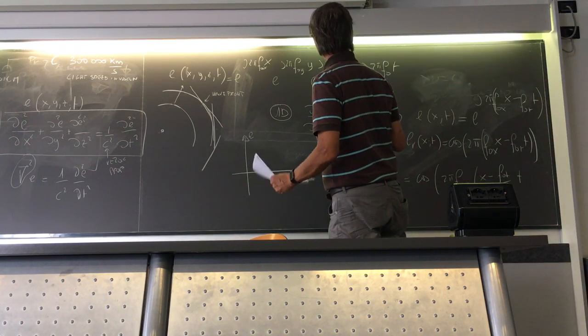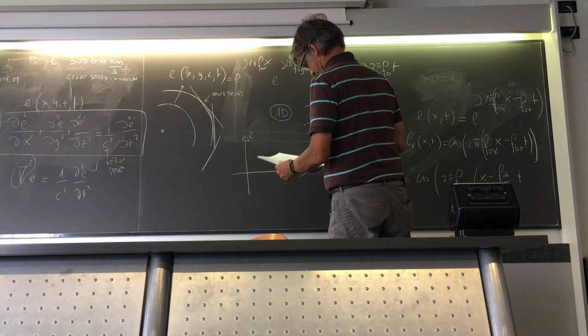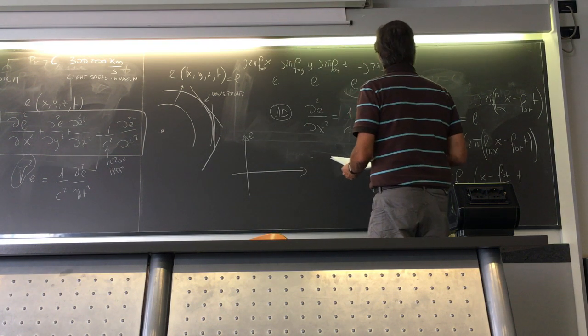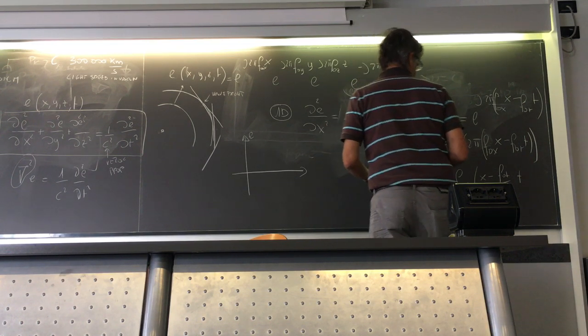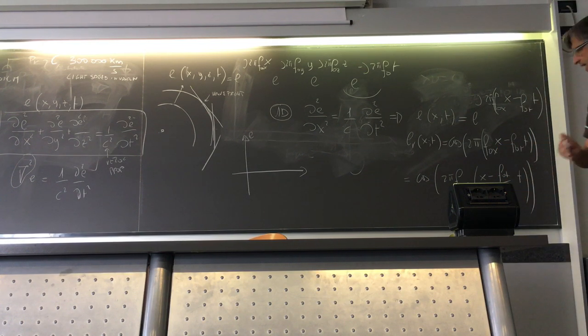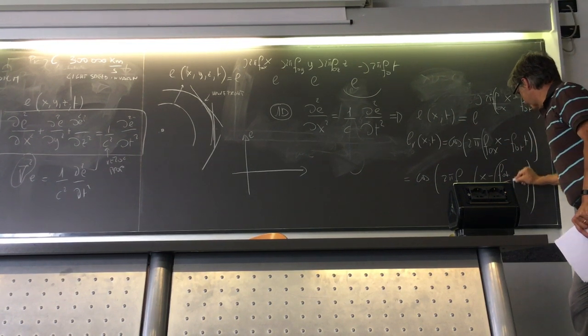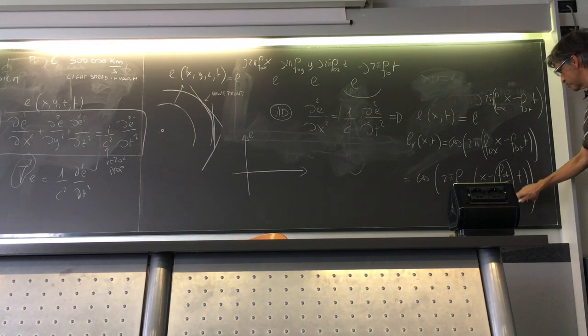I was missing a bit here, but this is correct. This ratio is the velocity of propagation. So this is x minus v multiplied by t.